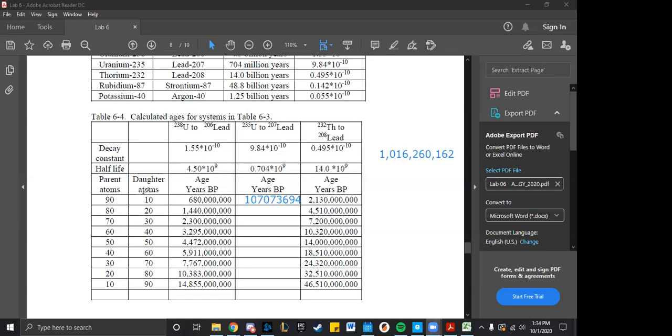And then we take the daughter atoms, 10 for this first one, and divide that by 90, because the equation is d over p. Then you take that number, which is 0.11, add 1 to it, so it's now 1.11, and then take the natural log of that. So are we going to use that big number through all of the other ones? Yes. Okay.